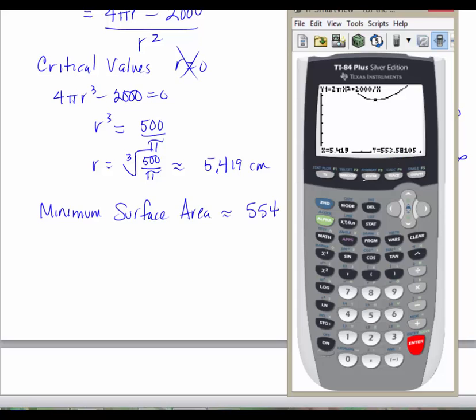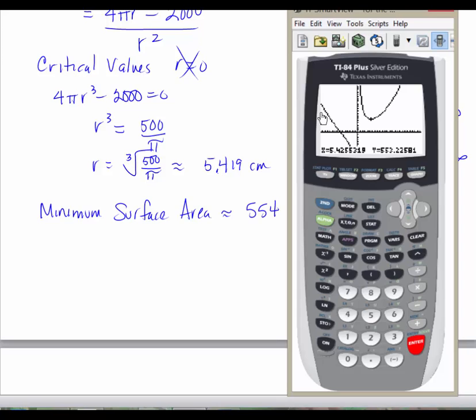We can zoom out on this if we want to look at our end behavior, so I hit zoom out, hit enter. And we can see now over here, the function itself, A of r, does have negative values in its domain, but we're talking about a physical domain here.